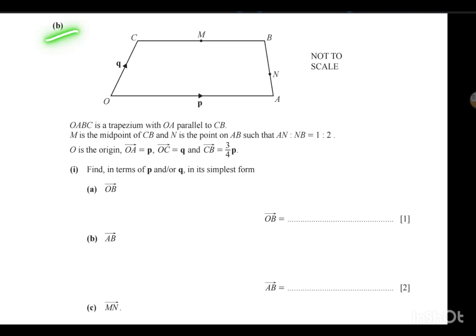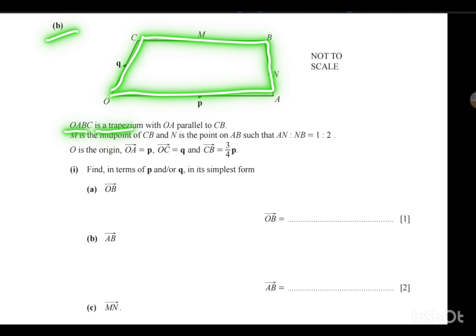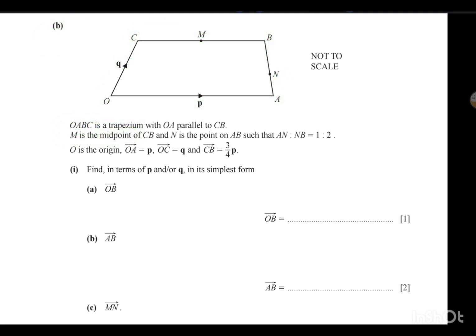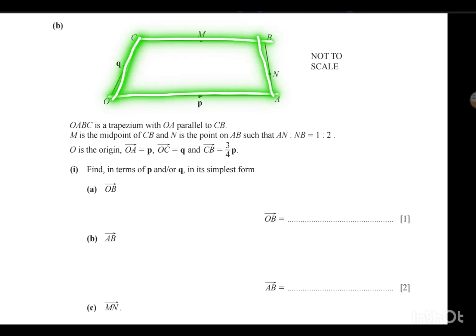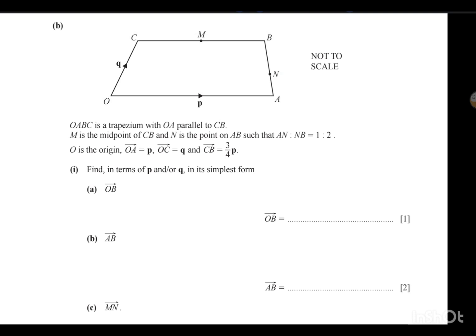Question number 10b. OABC is a trapezium with OA parallel to CB. So these two sides are parallel. So that means these two are not parallel. You have to keep this in your mind. M is the midpoint of CB.